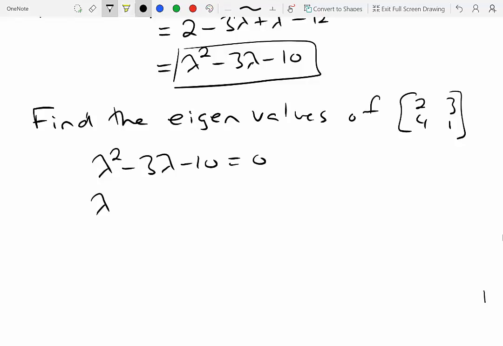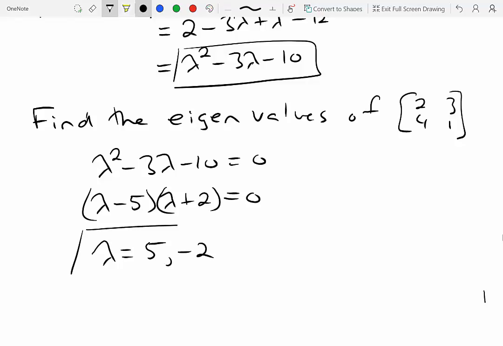And I believe that this one also factors. That would be lambda minus 5 and lambda plus 2 equal to 0. So I would get eigenvalues of lambda equal to 5 and negative 2.